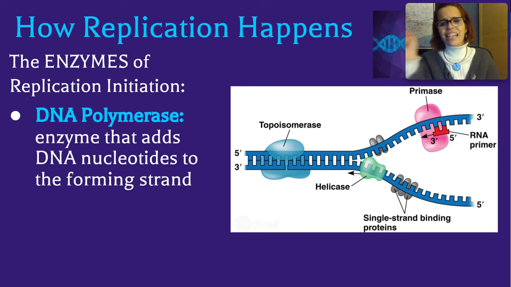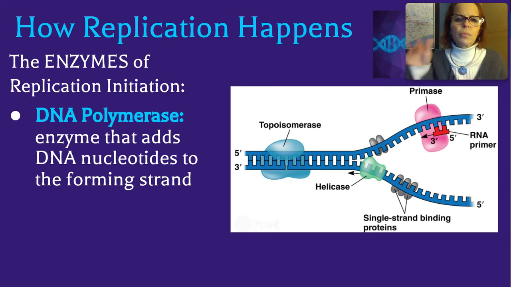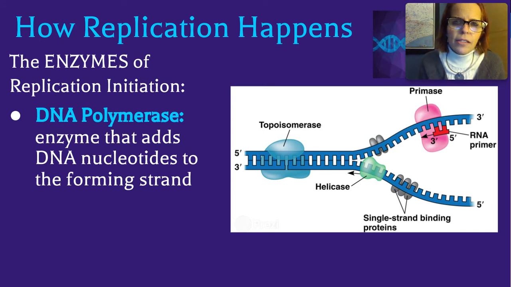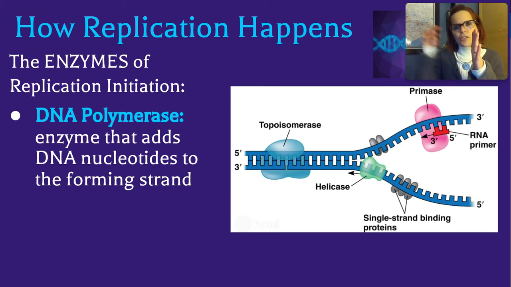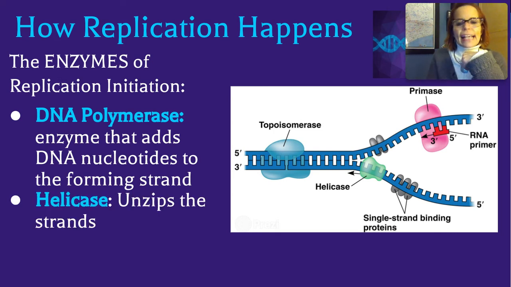I'm just going to call them DNA polymerase. Some of them have Roman numerals by them. DNA polymerase's job is to attach, one at a time, the opposite nucleotides. So if the original strand of DNA says A, then it's going to attach a T. And if the next one says C, then it's going to attach a G. That's what DNA polymerase does.